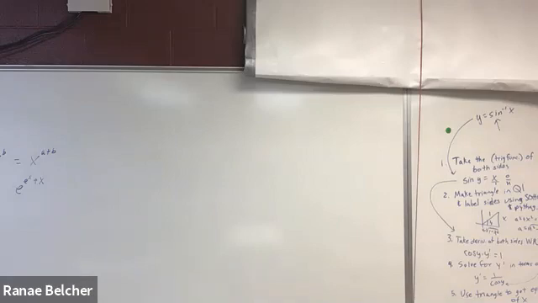No, put the square on the outside of the parentheses. You want to square the sine of 15, not just the 15. Yeah, parentheses, then the square.